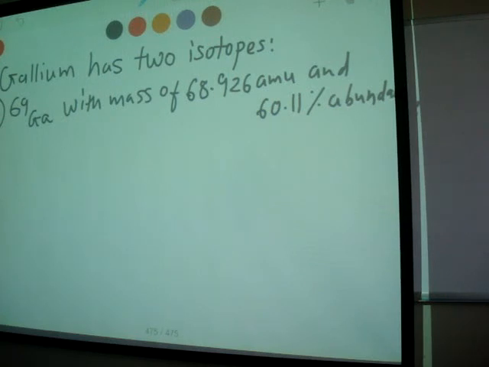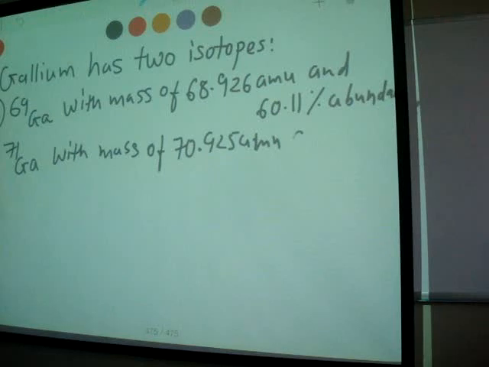And the second one is 71Ga with mass of 70.925 AMU and 39.89% abundance.